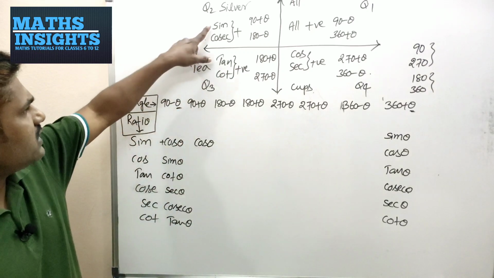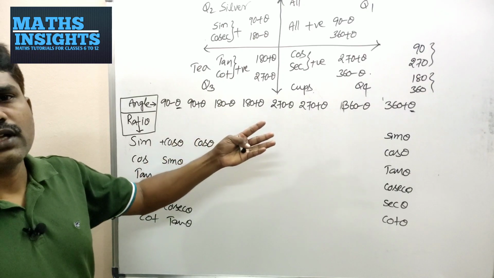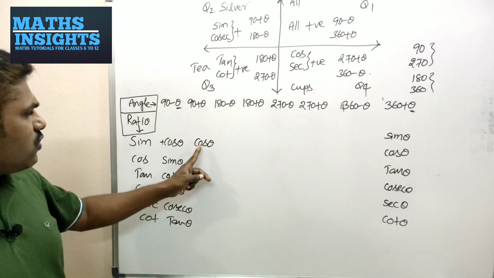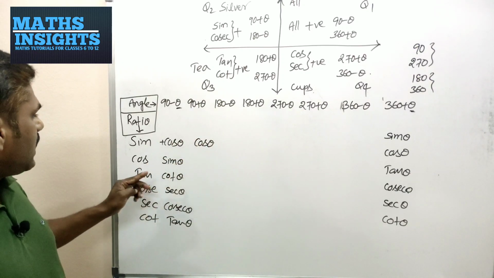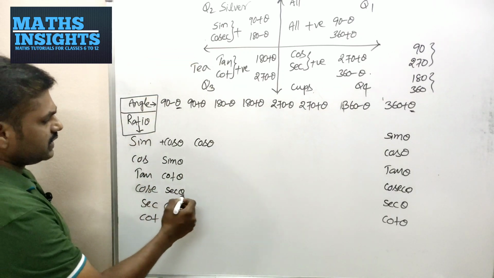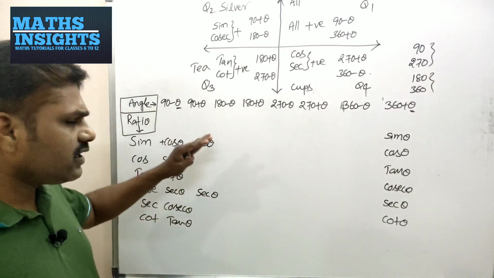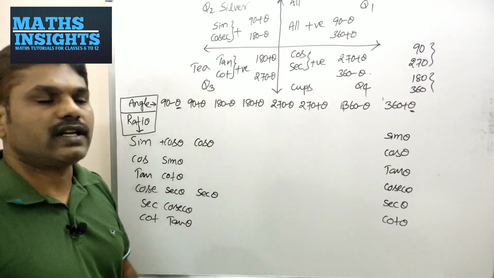But only sine is positive, therefore the remaining are negative. Therefore you have to keep it as it is. And for cosecant also, it will become secant theta. For the remaining, you will get negative.